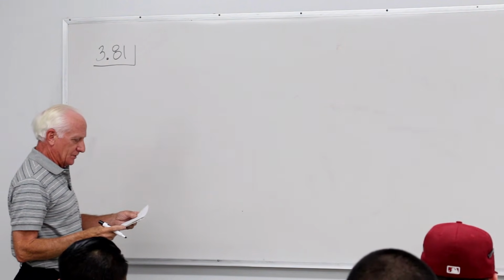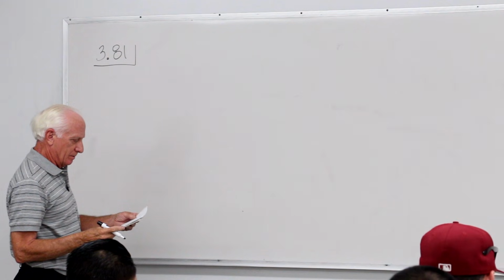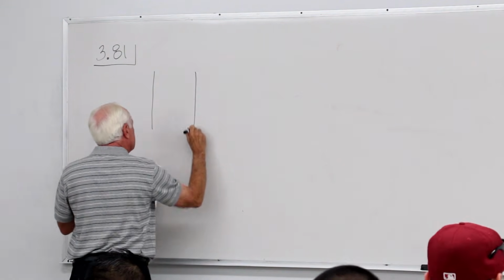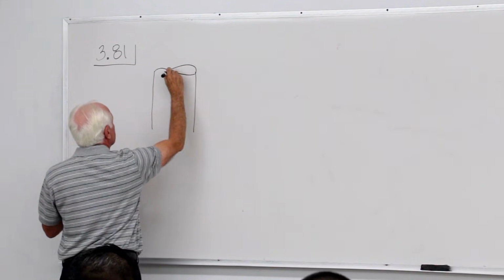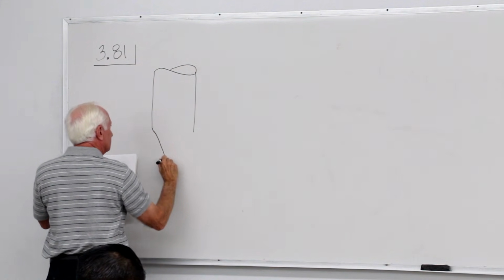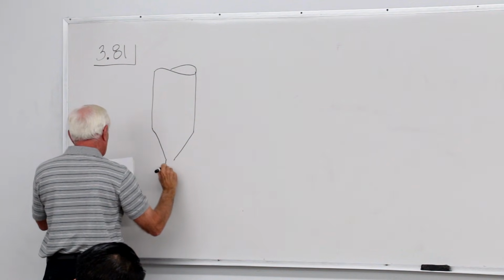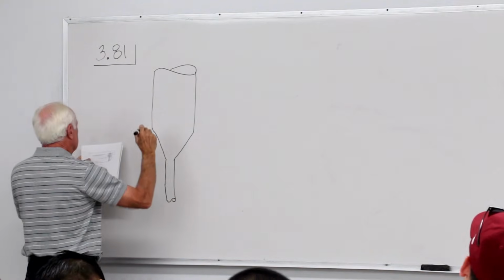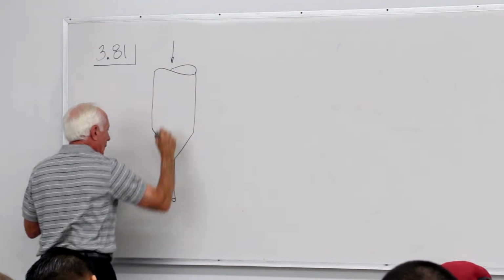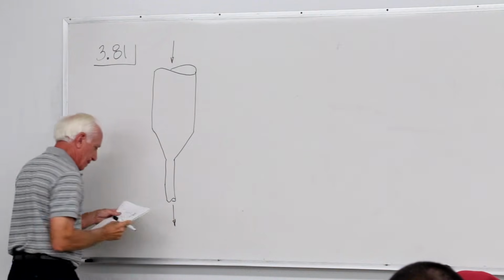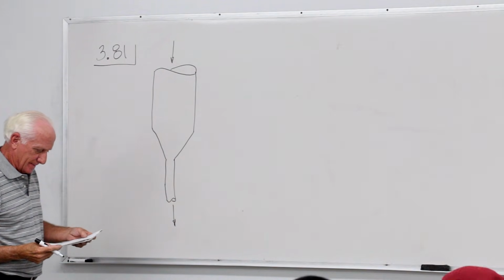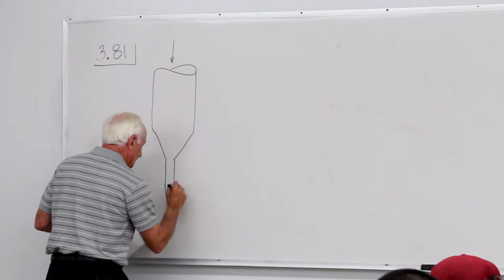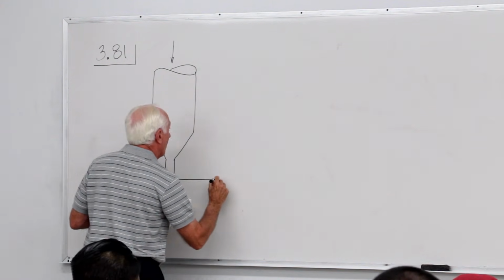381. Water flows steadily downward in the pipe shown. Static pressure tap on the left, on the right part.